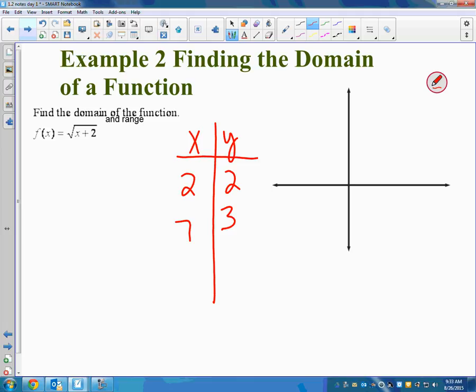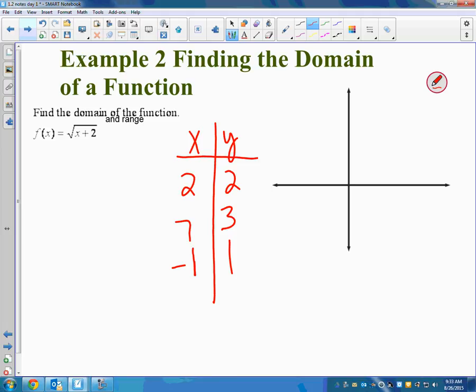So let's pick a little lower. 1 is a perfect square. What number could I pick for x that would give me 1 under that radical? -1, because -1 plus 2 is 1. Can I take the square root of 0?